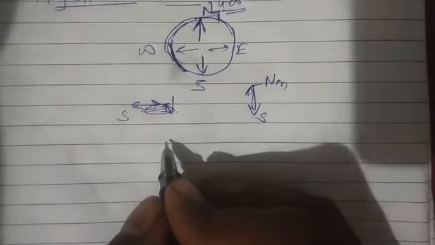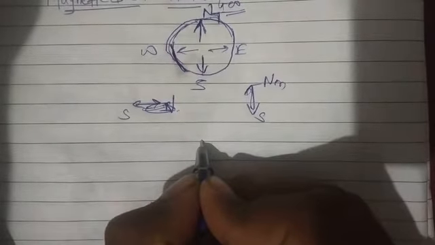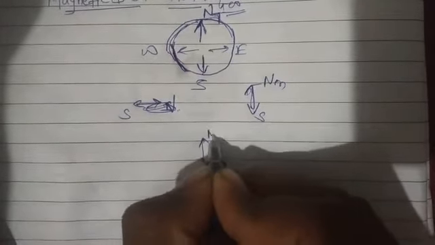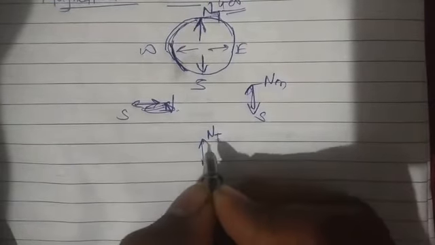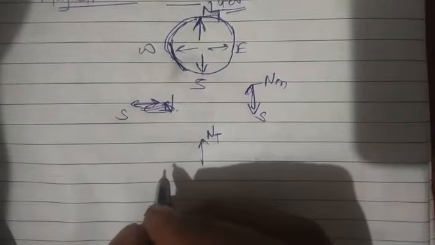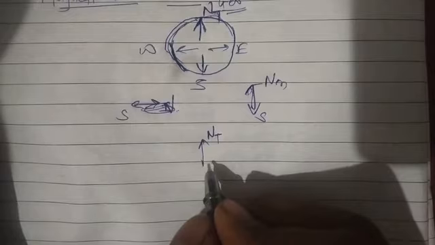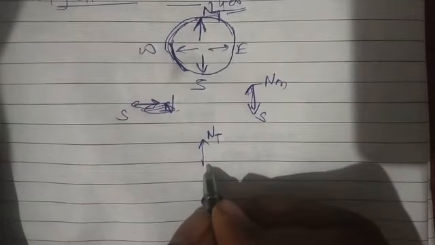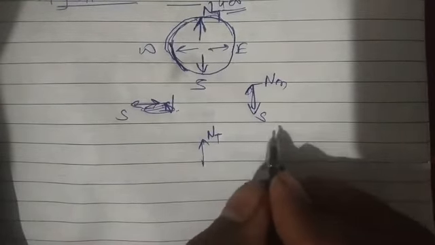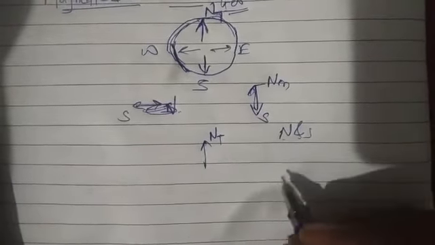Okay, so on any point on earth, the position of true north can be found out. We can determine this position of true north at any point on earth. But if suppose we have kept magnetic needle on same point, it will point towards north and south direction, magnetic north and magnetic south.